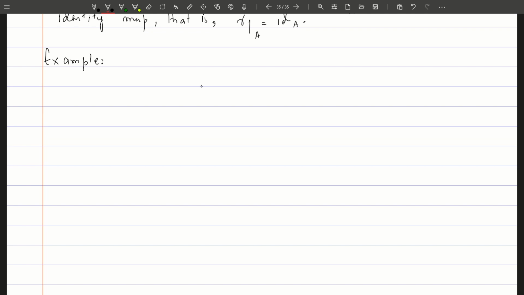S1 is the retract of the punctured plane R2 minus 0.